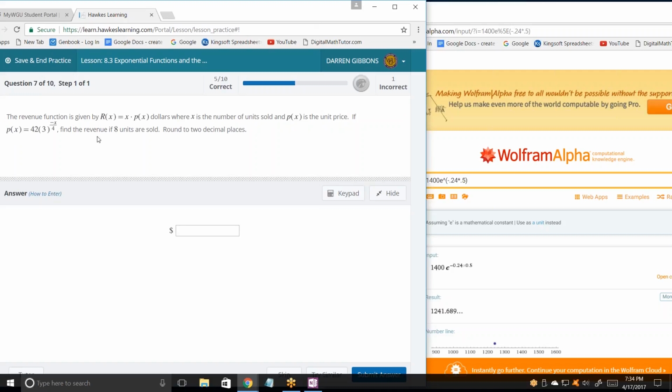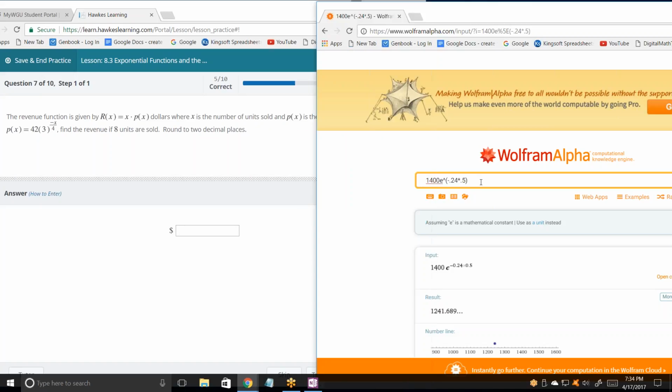Again, you're going to have to do an exponential. So we've had 3 straight problems where you're going to have to use Wolfram Alpha to figure it out.